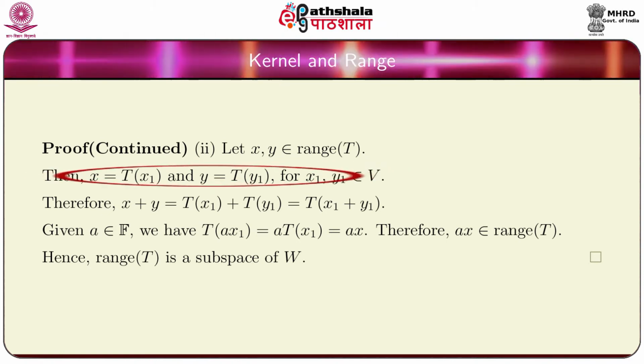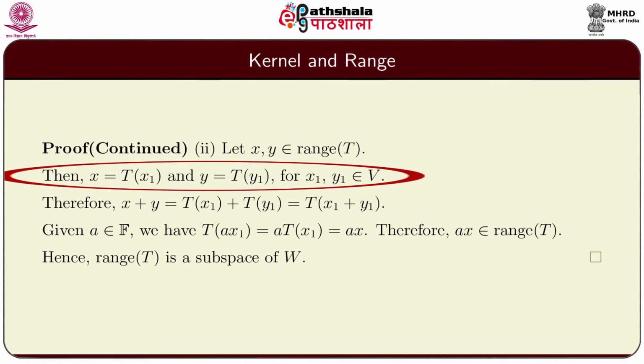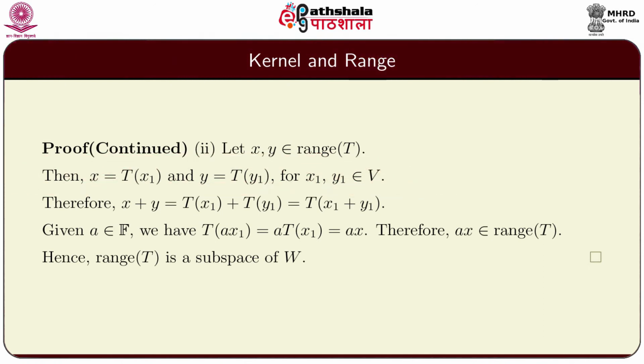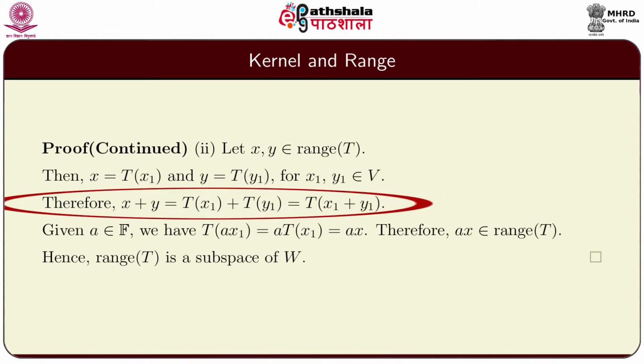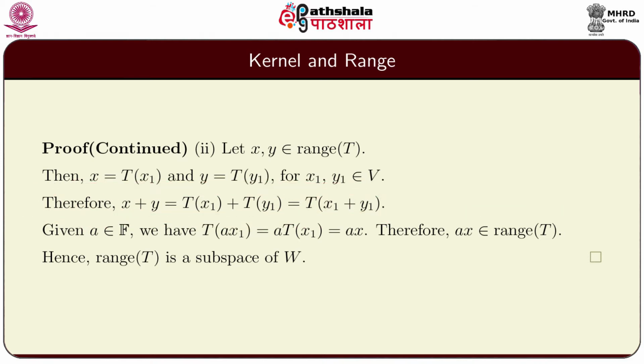Then x can be written as T of x1 and y can be written as T of y1 for some vectors x1, y1 in V. And therefore, x plus y can be written as T of x1 plus T of y1, which is T of x1 plus y1 by additivity of T. This shows that x plus y also belongs to range of T.